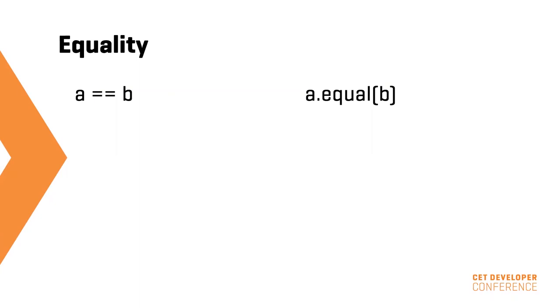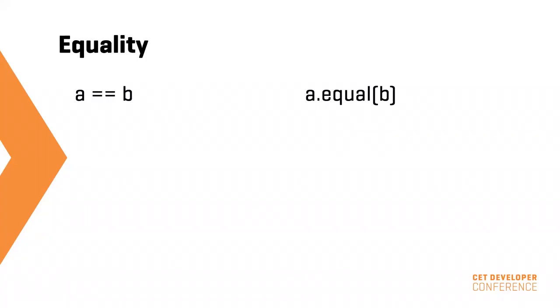Equality. Okay, so here I just wanted to point out that there are different ways to check equality, and they mean slightly different things depending on the type you're checking and what you are trying to check.